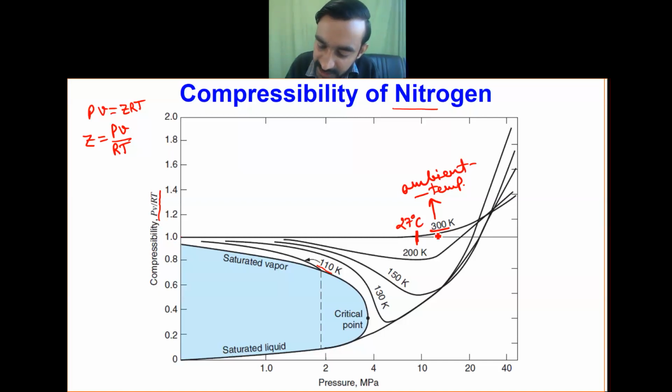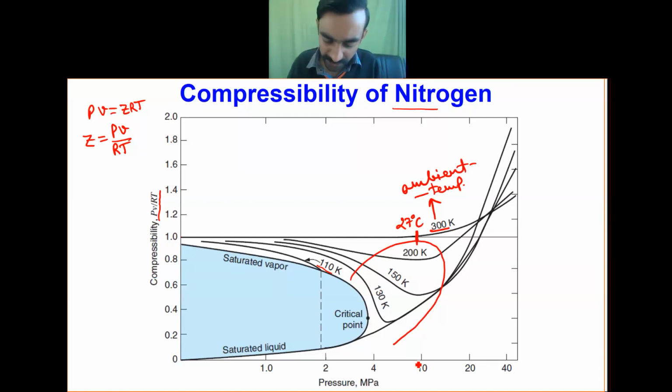And beyond that, at the same temperature, if we go to higher pressures, then the value of Z becomes large. Okay. One important point you can identify over here is that close to the critical point, we have a value of Z less than 1. Close to the critical point, you can see our pressure goes up to a maximum of 10 megapascals.